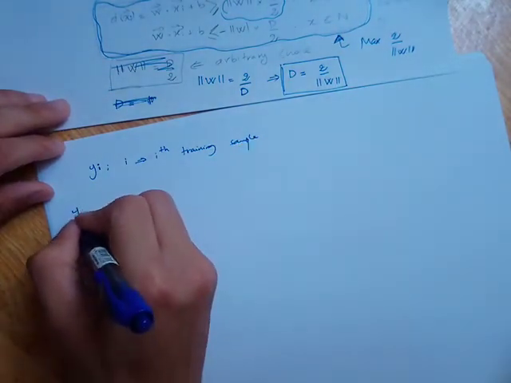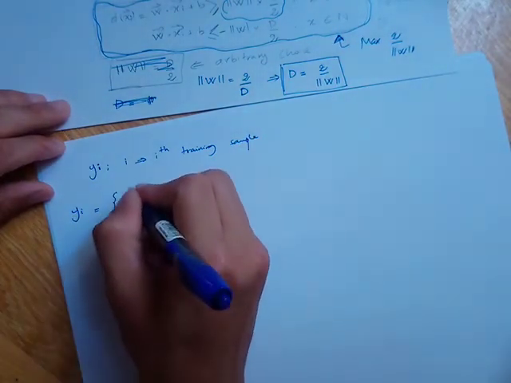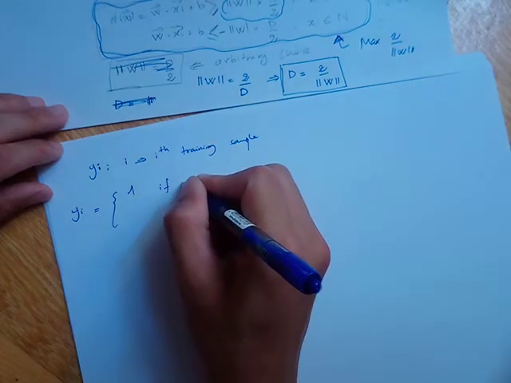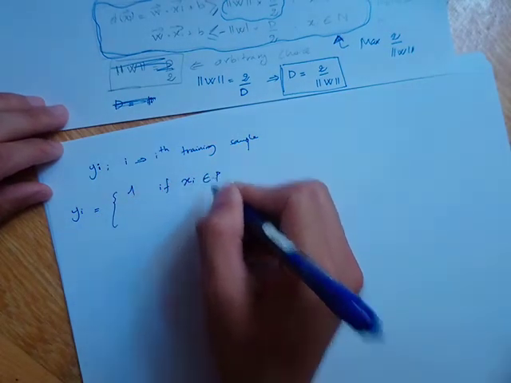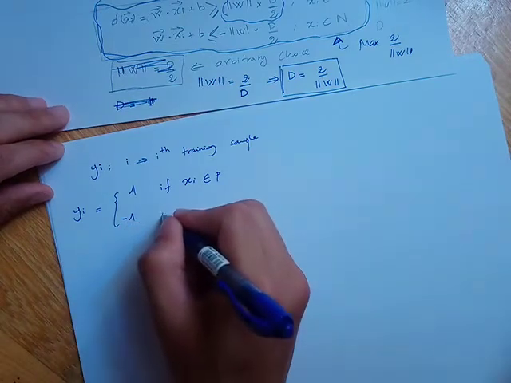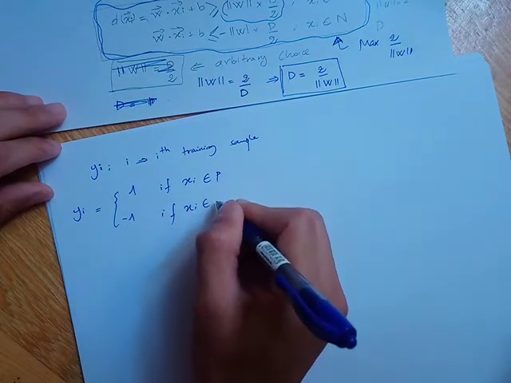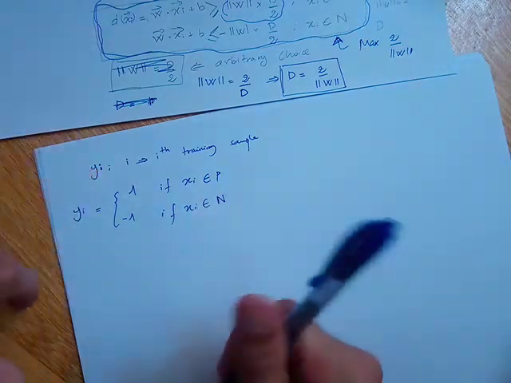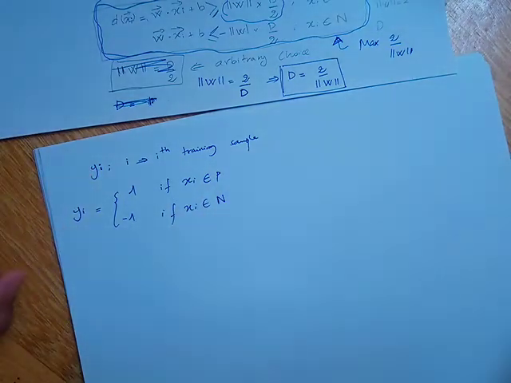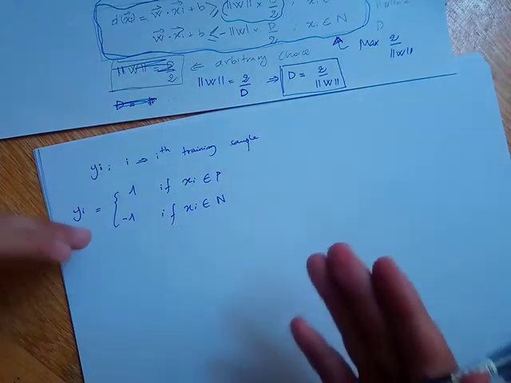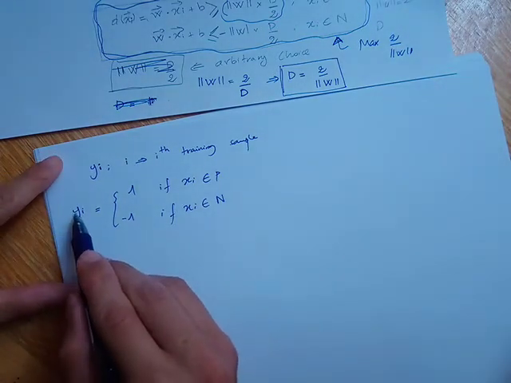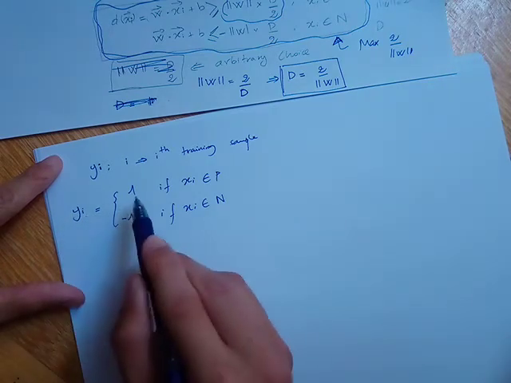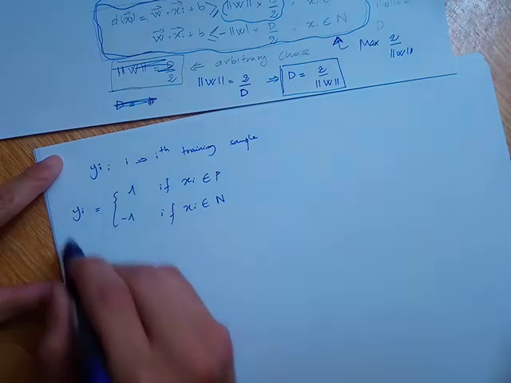So I want to make yi equal to 1 if xi belongs to the positive class, and minus 1 if xi belongs to the negative class. And I can do this because I know the class of all my training samples, right? All the training samples have a known class, therefore I can find yi that would satisfy these two values here.